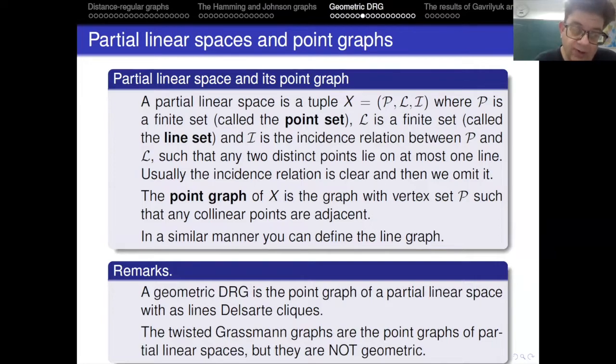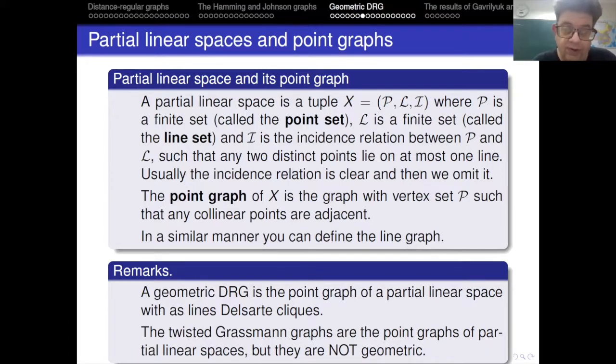If you have a geometric distance regular graph, then every edge is covered exactly once by a Delsarte clique. That means any two of those Delsarte cliques cannot intersect in more than 1 point, so that gives you the partial linear space. Twisted Grassmann graphs are the point graph of a partial linear space, but they are not geometric.